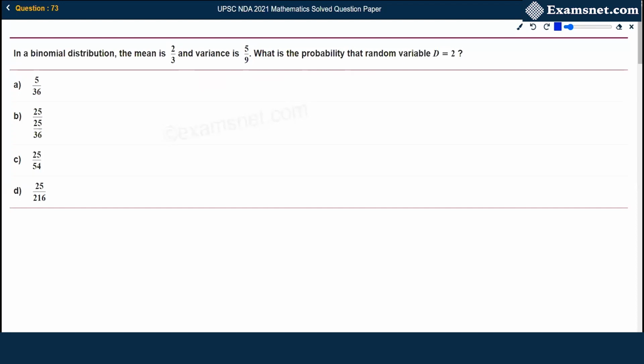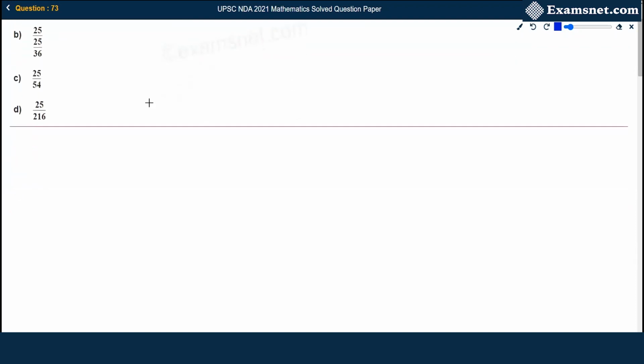In question number 73, it is given that in a binomial distribution, the mean is 2/3 and variance is 5 by 9. What is the probability that random variable D equals 2? First, let me tell you what is binomial distribution.